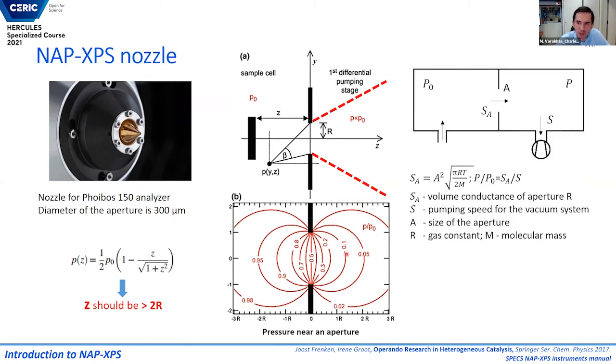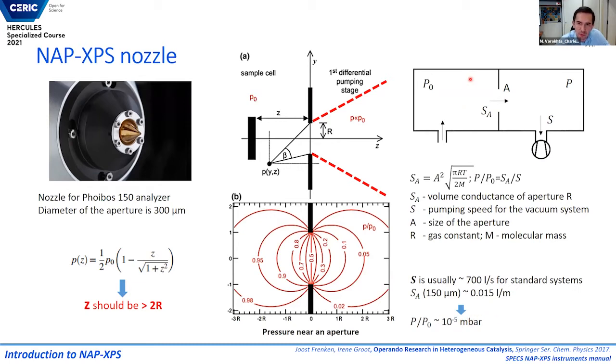So here are some calculations which show how many pumping stages you usually need depending on the pressure. It is the case when you have some pump which pumps, then there is an aperture. This is quite a simple calculation, and it shows that if you use a standard turbomolecular pump and a nozzle with a radius of 150 micrometers, you would have a pressure decrease by 5 orders.